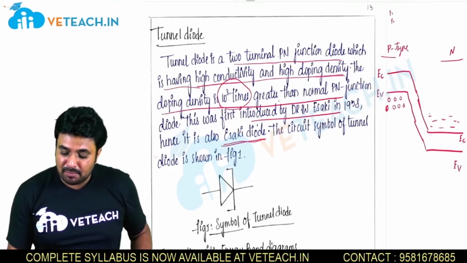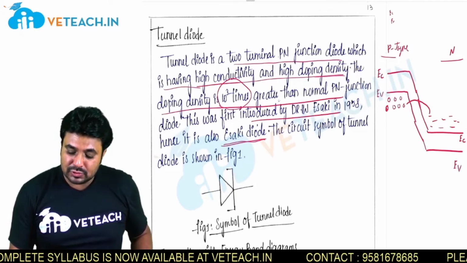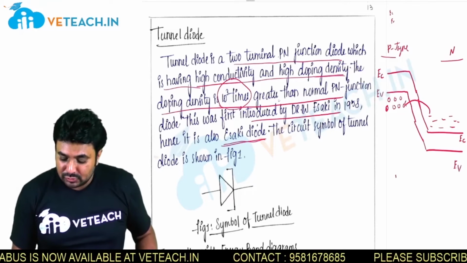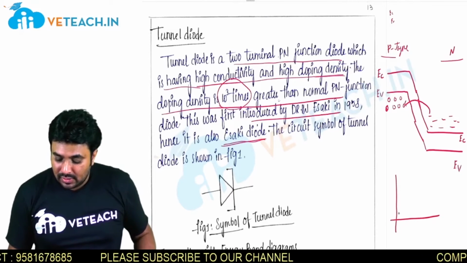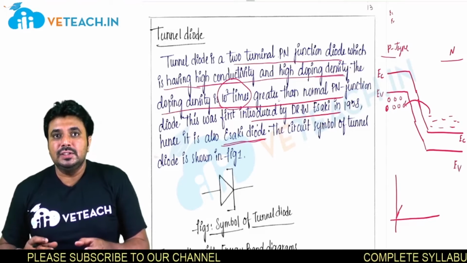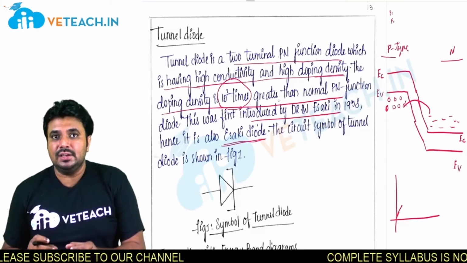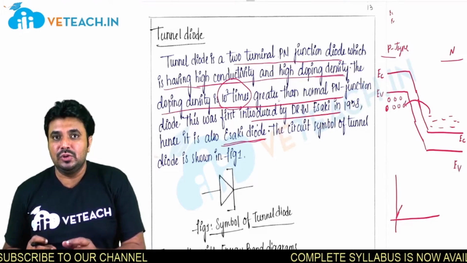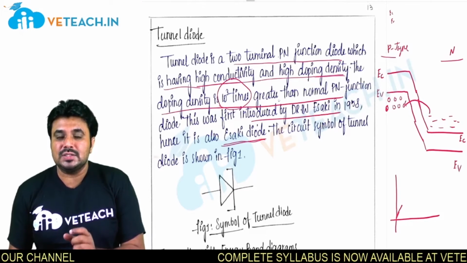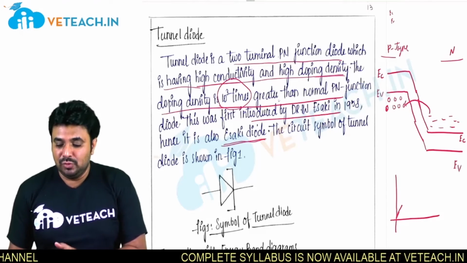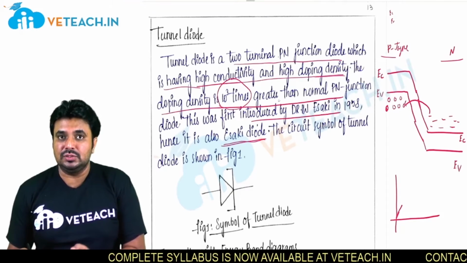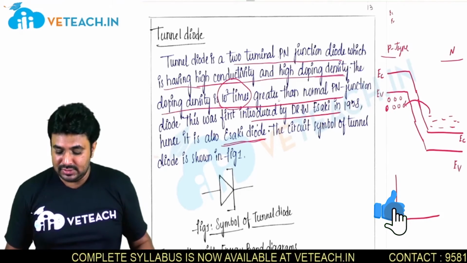At that time, some of the electrons will move towards the holes. Only a little amount of electrons will move from the N-type semiconductor material to the P-type semiconductor material. In the third case, if I increase the voltage a little bit, then due to that, a little amount of current starts.